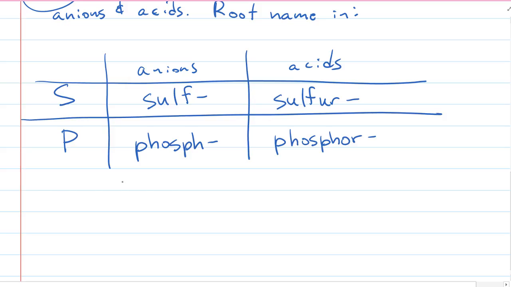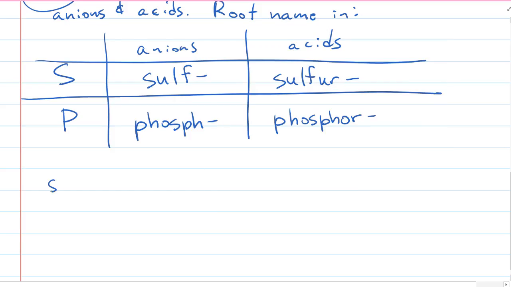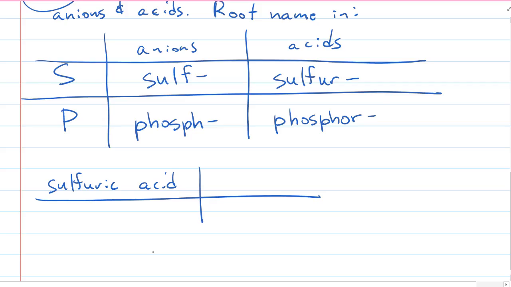So if we look at an example of this, let's look at something like sulfuric acid. We want to write its formula. And sulfuric acid, by the way, is the acid found in lead acid batteries in your car. The hydrochloric acid we talked about earlier was the acid found in your stomach. So now sulfuric acid has an IC acid suffix, so that must mean it was derived from which anion?